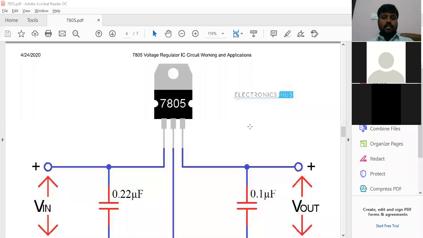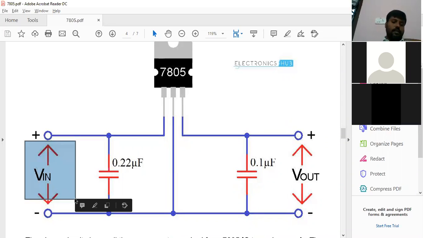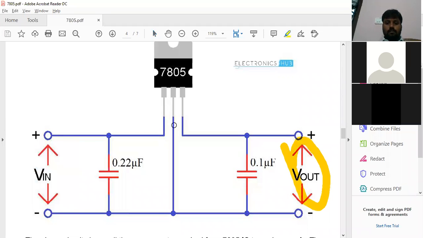How the 7805 is connected. You see. Okay, as we know, pin number 1 is connected to the input. See here, here is V in. Okay, V in is given to pin number 1. And now pin number 3 is connected to the output. Okay, pin number 1 is input, and pin number 2 is grounded here.